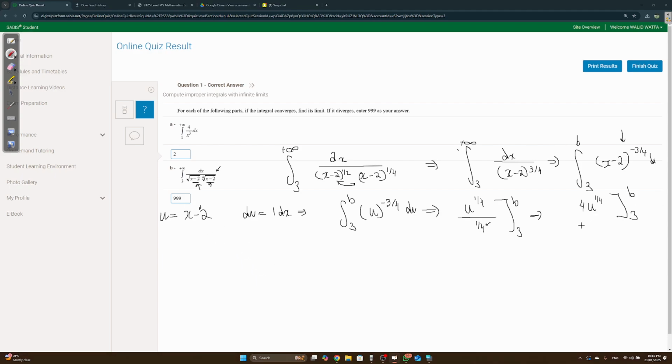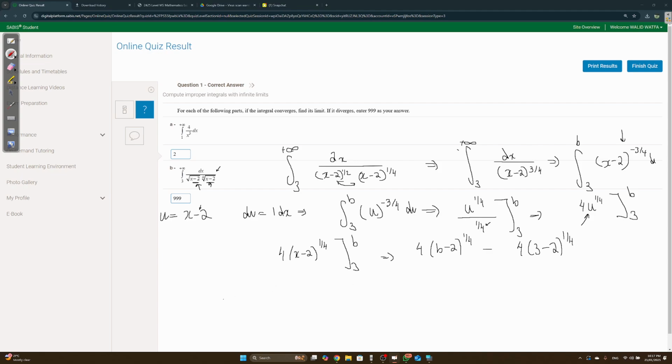This u, we need to change it back into what it would equal, x minus 2, right? So it's going to be 4 times x minus 2 to the power of 1 over 4 from 3 until b. Now substitute, you're going to get 4 times b minus 2 to the power of 1 over 4 minus 4 times 3 minus 2 to the power of 1 over 4.